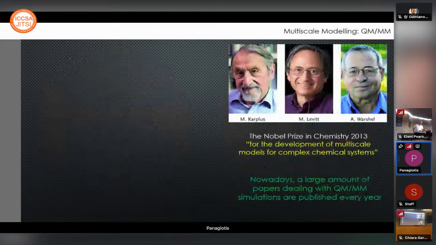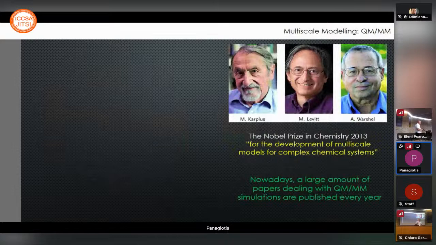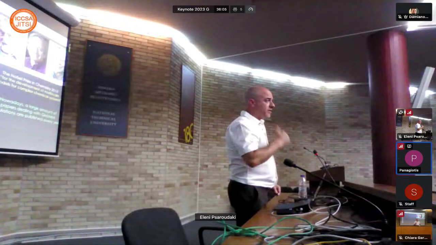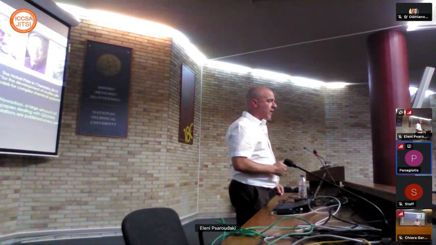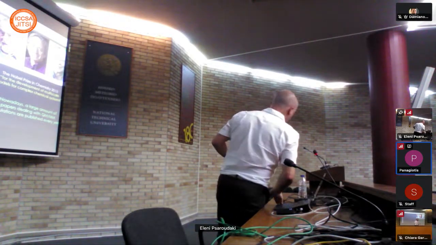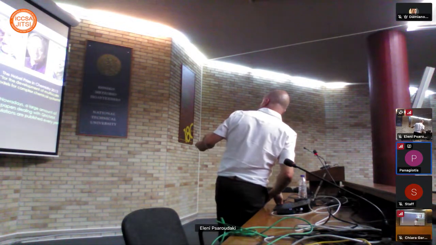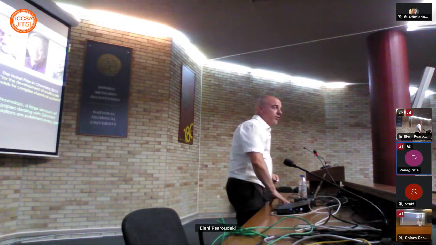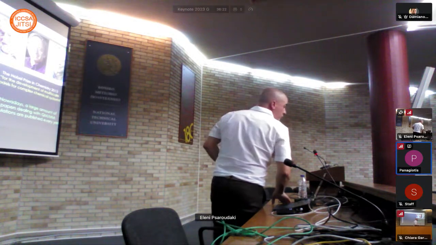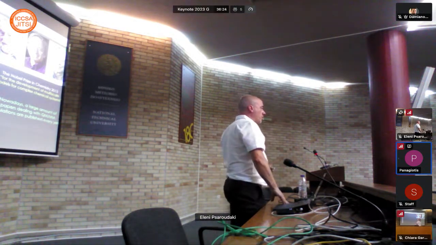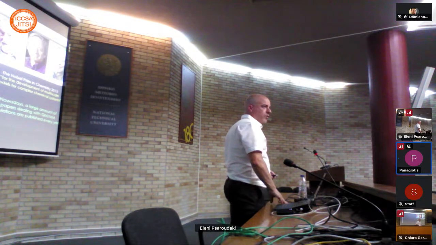The revolution in the understanding of biophysical and biochemical processes at microscopic level that multi-scale modeling brought about was recognized 10 years ago with the awarding of the Chemistry Nobel Prize to the pioneers of multi-scale modeling, Michael Levitt and Ariel Warshel, who shared the Nobel Prize with Martin Karplus, whose contributions to the development of QM/MM methods were also outstanding.